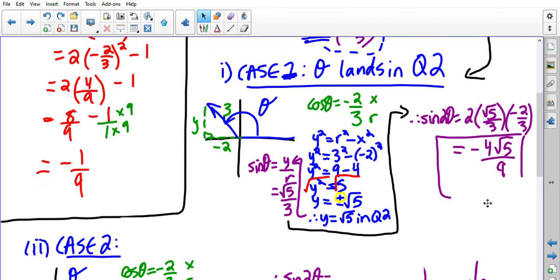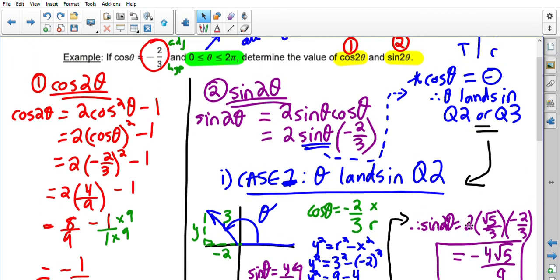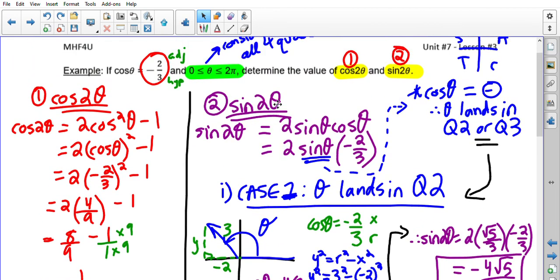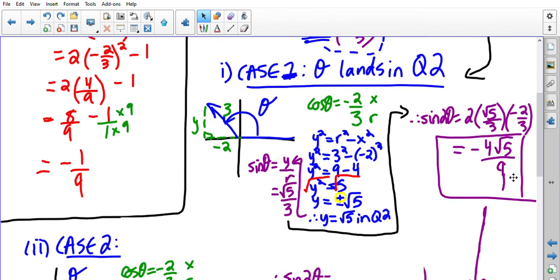That gives us 2 times negative 2 times root 5, so negative 4 root 5 over 3 times 3, so over 9. So this is one possible answer for sine 2 theta in this question.